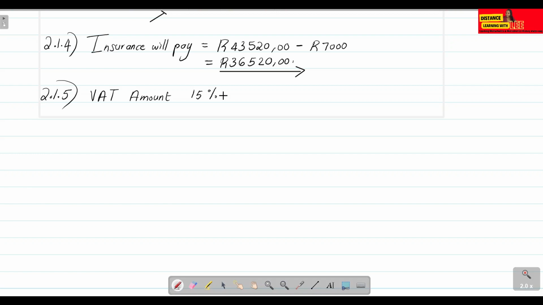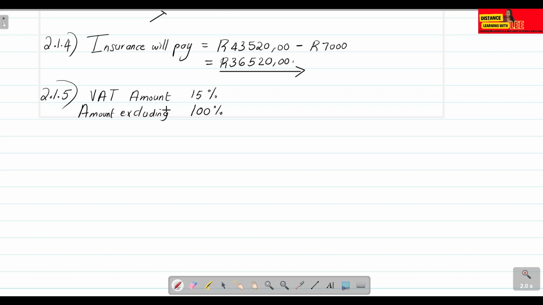If you have an amount including VAT, then the amount excluding VAT would be just 100%. Because if you have an amount where VAT has not been included in it, you can think of it as just 100% of that amount. So this is your amount excluding VAT. It doesn't have VAT included, it's just 100%.